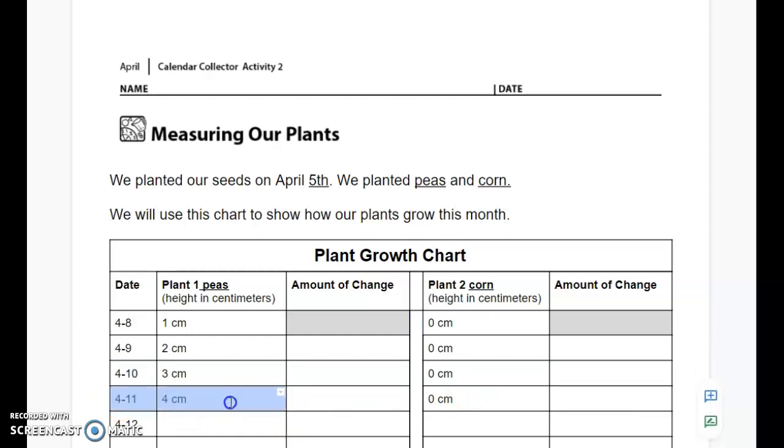When you're done, fill in the next row for April 11th for your peas and your corn. And then when you're done, fill in the date for April 12th, and we will measure the peas and corn together. You can pause the video now if you need more time to fill in your plant growth chart.